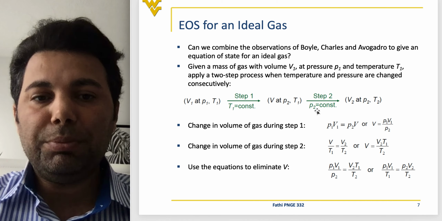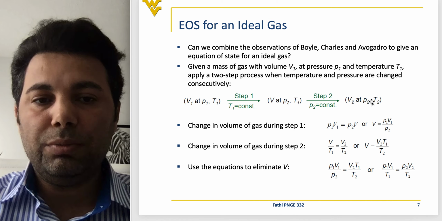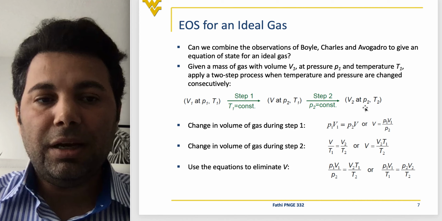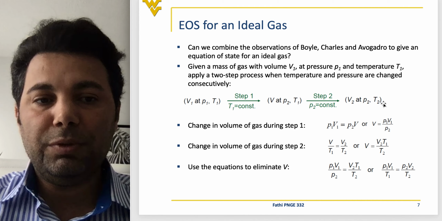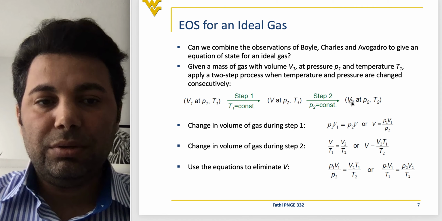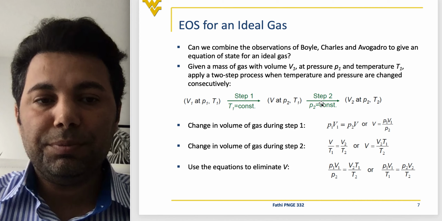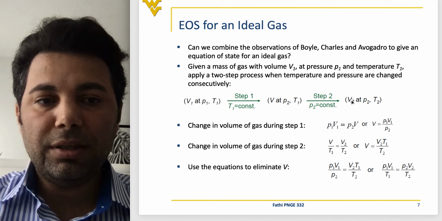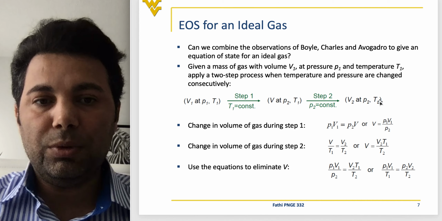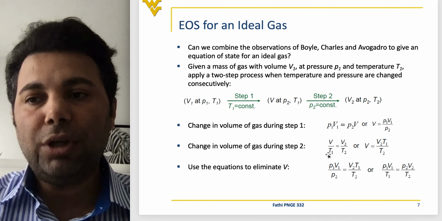This time we keep the pressure constant, P2, and we change the temperature to T2. The temperature will increase to T2, therefore the volume will increase to V2. So here we know V over T1 is equal to V2 over T2. That was the second law, Charles' law, which says that at constant pressure, volume and temperature have a direct relationship.